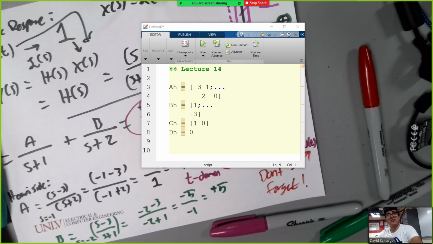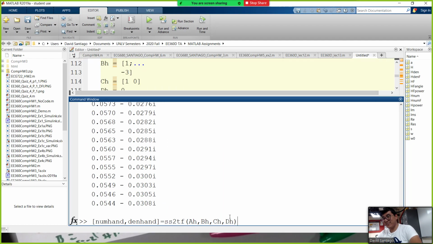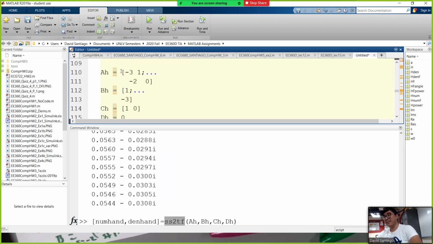That's a lot of calculations. So there's a function, and I'm going to show everyone this. Let me bring up the other paper. There's a function called state space to transfer function. You already have your state spaces, that's our quiz. You wonder what the transfer function of our state space equations is.